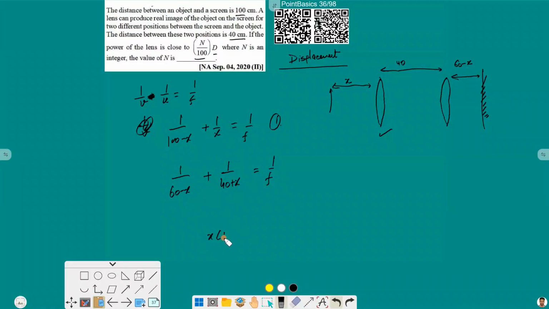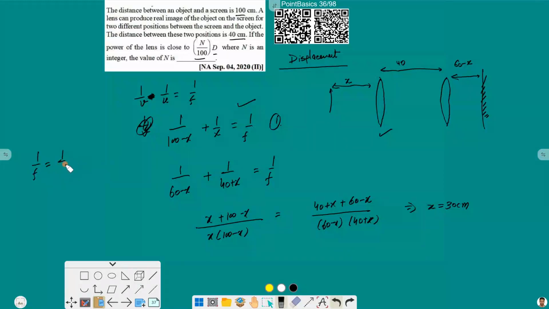So from this we will get x into 100 minus x divided by x plus 100 minus x should be equal to 60 minus x into 40 plus x divided by 40 plus x plus 60 minus x, and when we solve this we will get x is equal to 30 centimeter.